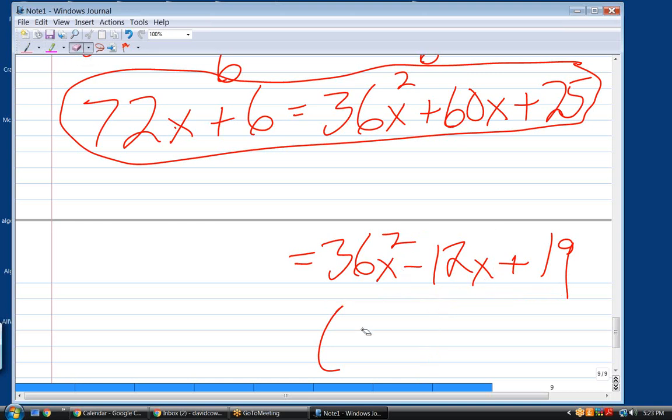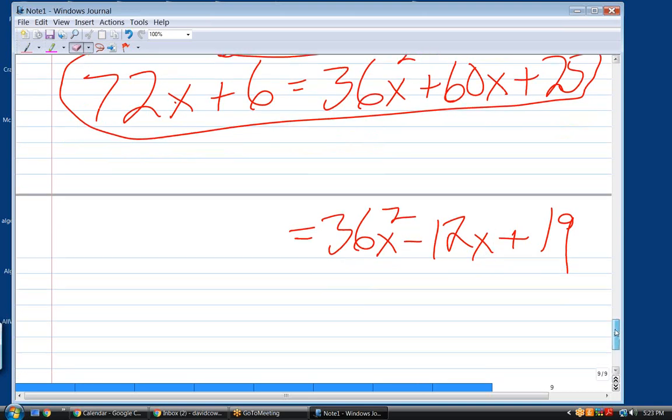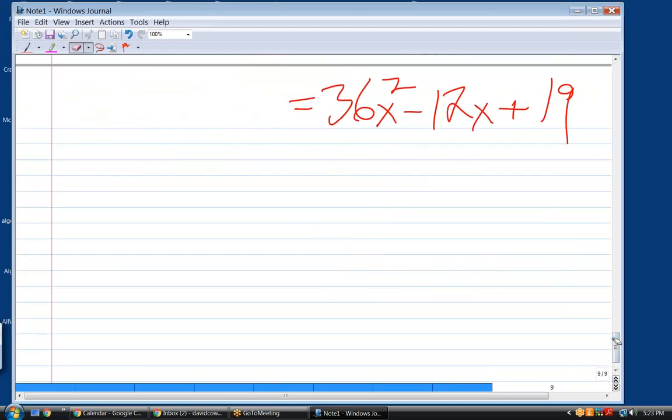Therefore, how do I solve this? You'd have to multiply 19 by 36 and then find the. No, if I have a quadratic that cannot be factored in the normal way, in other words, I can't find any integer factors, then I got to use the quadratic formula.